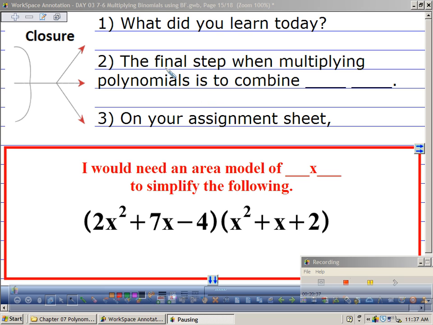Andrew, the final step when multiplying polynomials is to combine what? You know this vocabulary. Combine what? Combine blank terms.